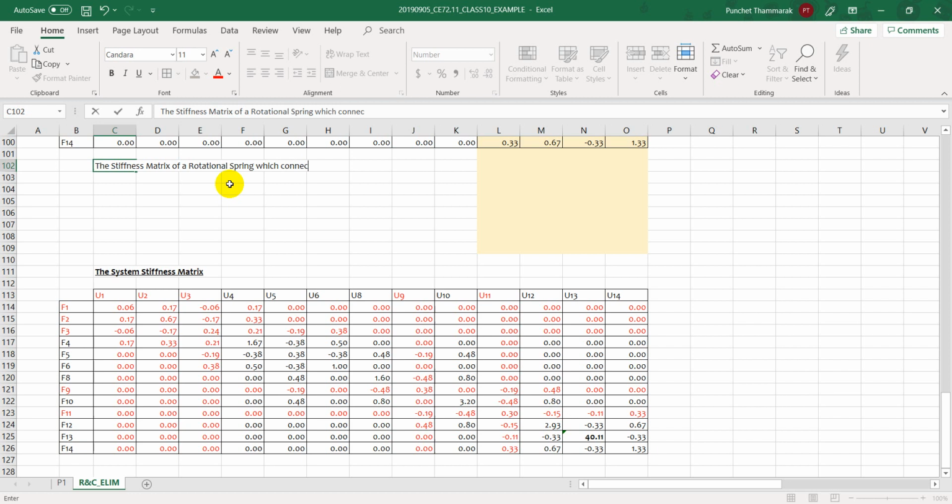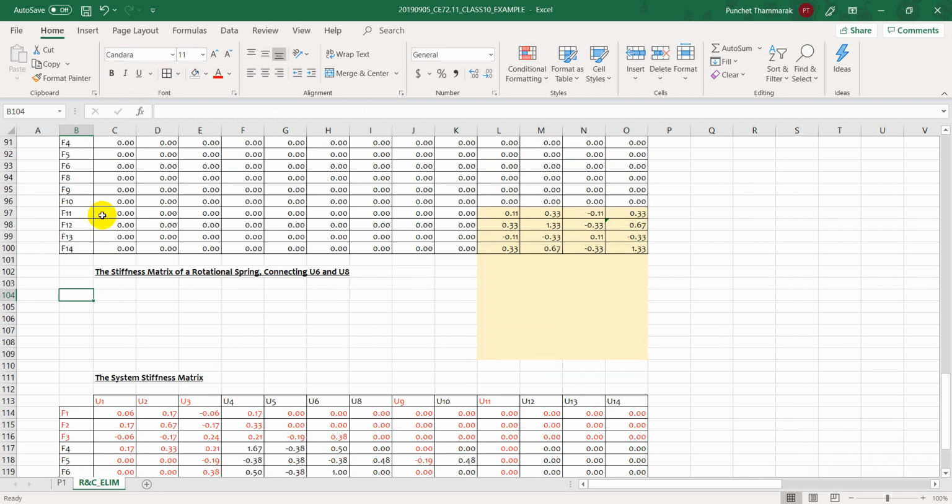which connects U6 and U8. So this spring actually works like one structural element.